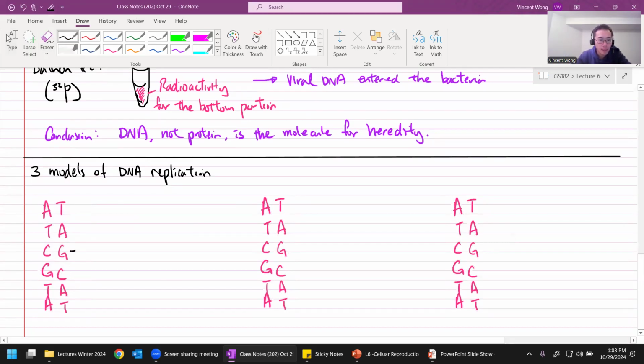So let's see what happens if it is conservative. Okay, maybe don't copy now. Just watch, and then once you understand, you can copy it later, from the notes or something, right? So take a look here. Conservative, what does it mean? Conservative means this. You take the whole thing, and then you just make a copy of it.